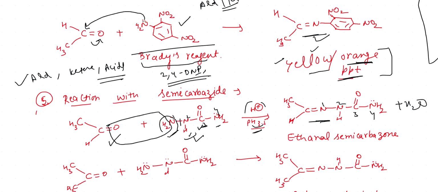But in the product, only nitrogen number 1 is reacting with this carbonyl center. Why? Nitrogen number 2 and nitrogen number 4 can also react with this carbonyl group, but these are not reacting. So what is the reason?